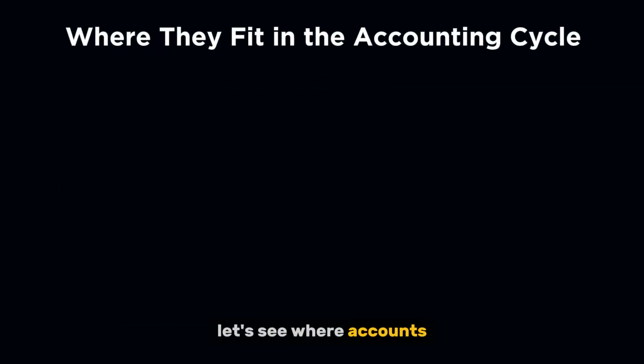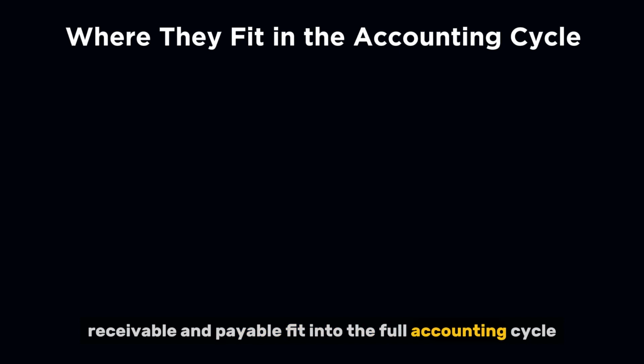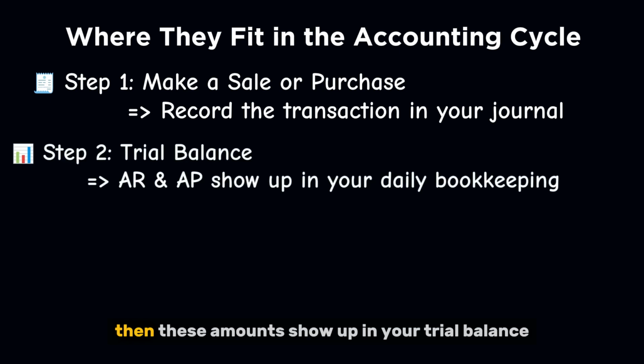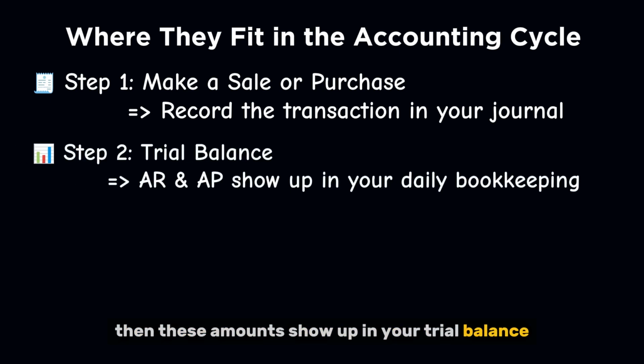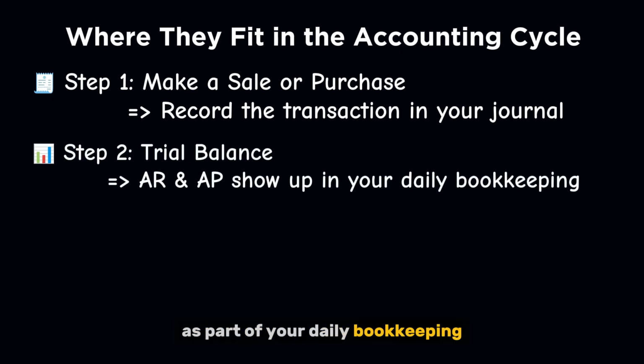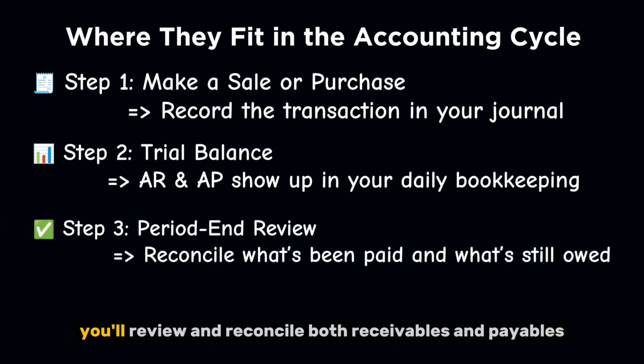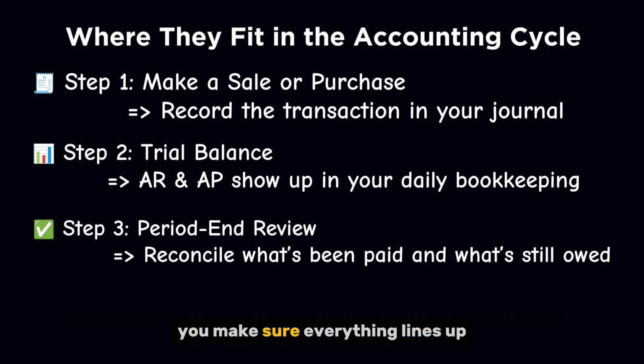Let's see where accounts receivable and payable fit into the full accounting cycle. After you make a sale or purchase, whether it's on credit or not, you record it in the journal. That's the first step. Then, these amounts show up in your trial balance as part of your daily bookkeeping. Before you close the books at the end of the period, you'll review and reconcile both receivables and payables. You make sure everything lines up, who's paid, who hasn't, and what's still owed.